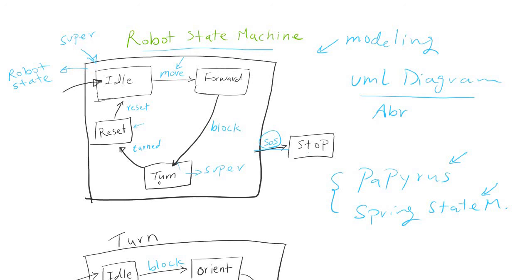So this is somehow the behavior of a robot at any given time. We expect that the robot will be in each of these states while the program is executing.